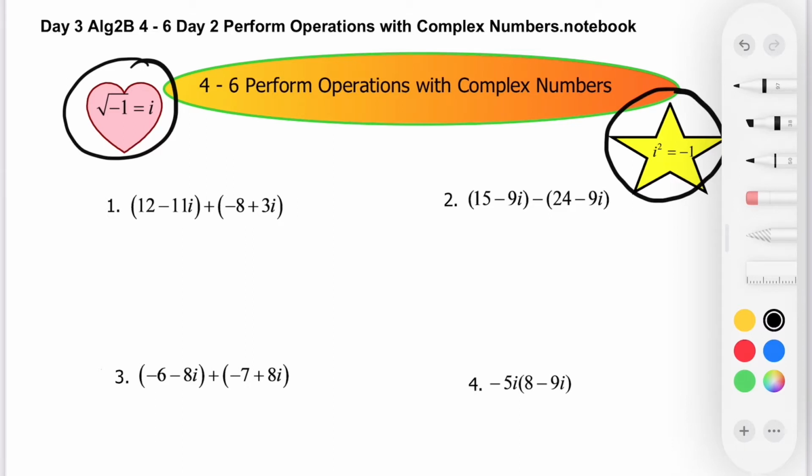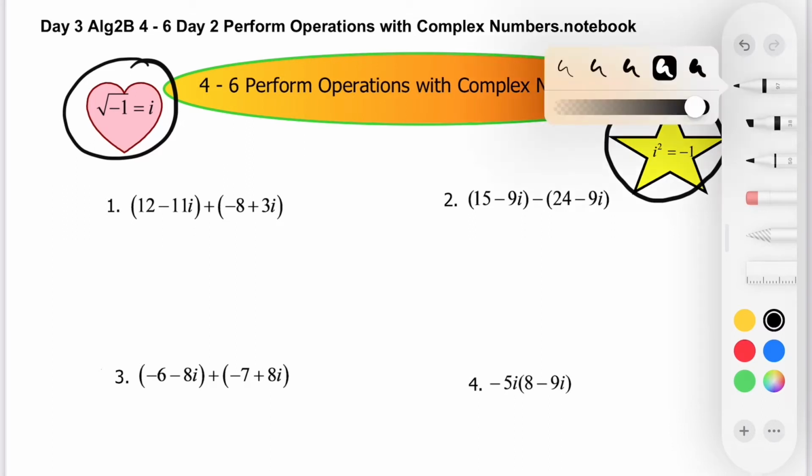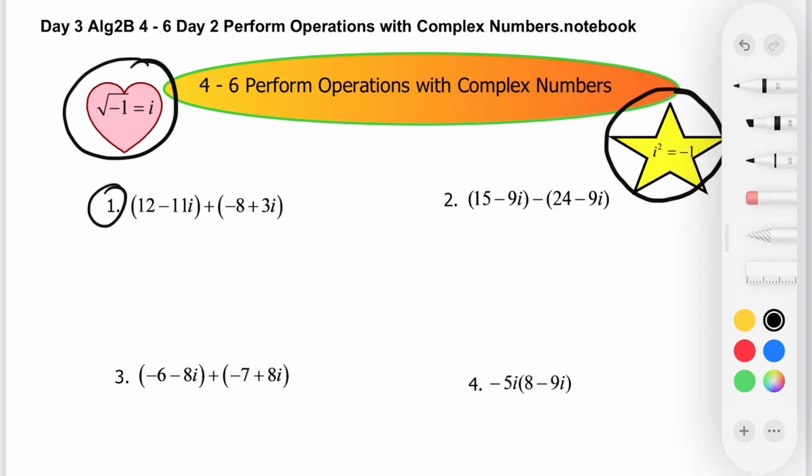All right, so let's take a look at problem number 1. What we're asked to do here is to add 12 minus 11i, which is a complex number, plus -8 plus 3i, which is another complex number. So we're just going to add the real parts together, in this case 12 plus -8.